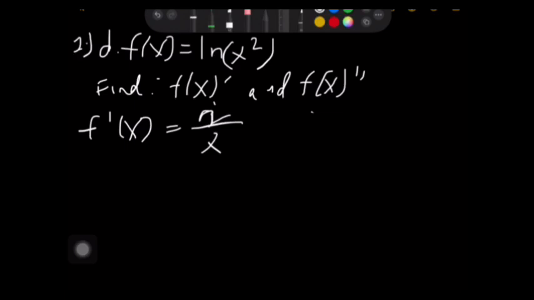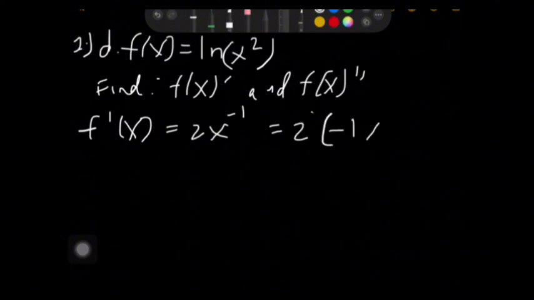We can transform this 2 over x into 2x raised to negative 1, and it will be equal to negative 2 times negative 1, x raised to negative 1 minus 1.